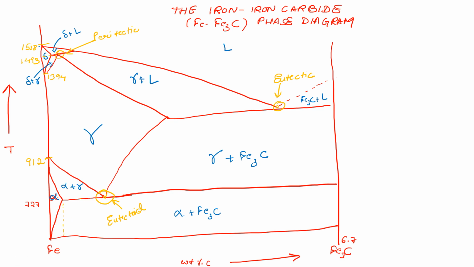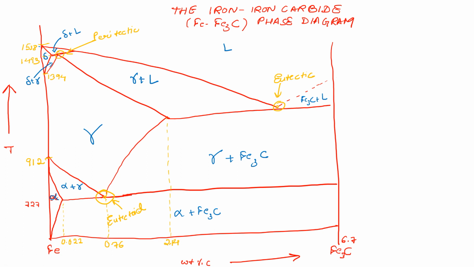The maximum amount of carbon that can go in alpha iron at 727 degrees centigrade, the eutectoid temperature, is about 0.022, and here, the eutectoid composition is 0.76, and this junction here should have a concentration of about 2% of carbon. We'll see that for engineering steels we are only bothered with the compositions lying to the left of this 2% boundary.